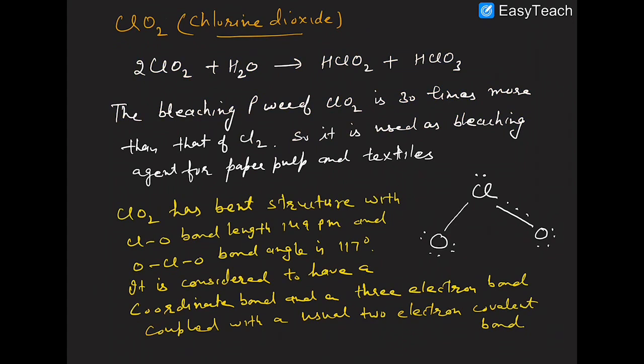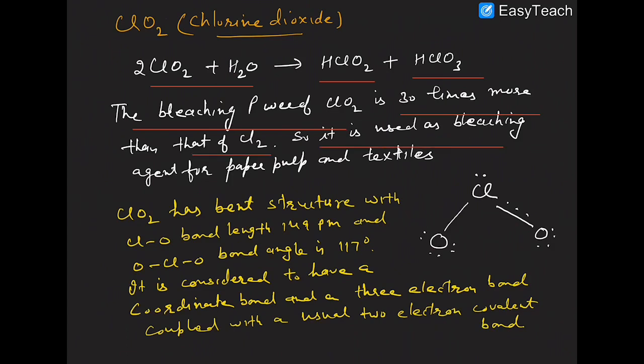Next is chlorine dioxide. Chlorine dioxide, when dissolved in water, provides you two acids, that is chlorous acid and chloric acid. So it is a mixed anhydride because it gives you a mixture of two acids. The bleaching power of ClO2 is 30 times more than that of chlorine.